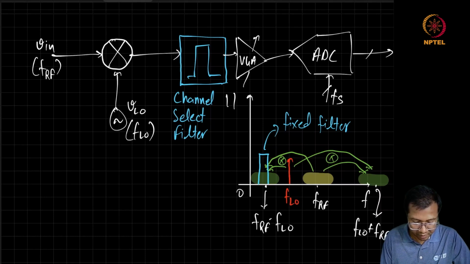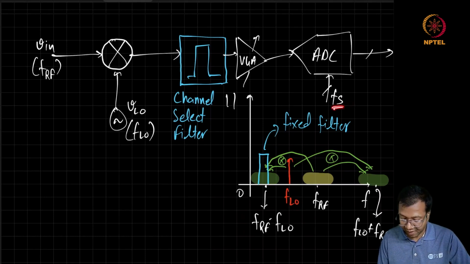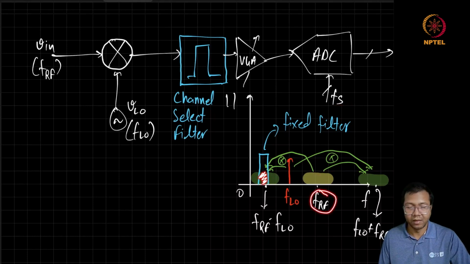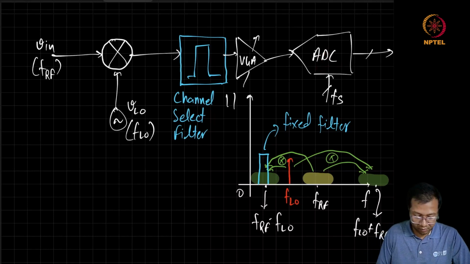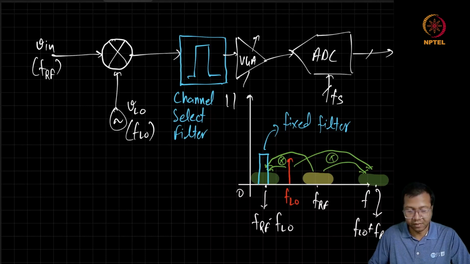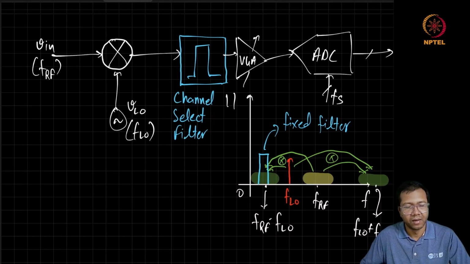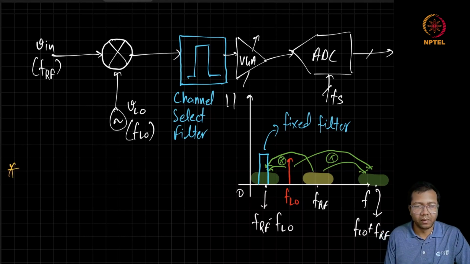Now we can see that this ADC is handling a signal which is at much lower frequency compared to the input signal frequency. So the ADC design has also become simpler. So this architecture is helping us in simplifying ADC design as well as in the design of a channel select filter. So we are achieving two operations here.